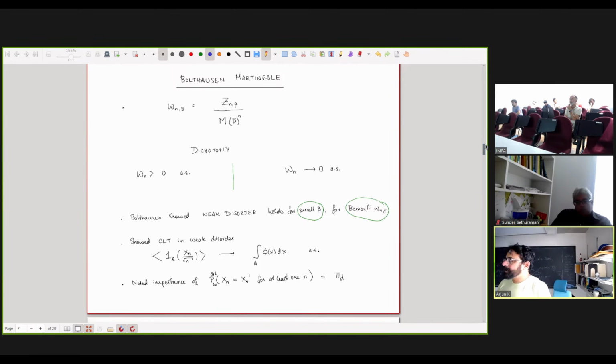The next object we need to consider in this model is this Bolthausen martingale, who noticed that basically if you take the partition function and you divide by this particular quantity m beta to the n, this is just the MGF, the moment generating function of the weights, which I'll write as e to the beta omega, maybe at the origin.